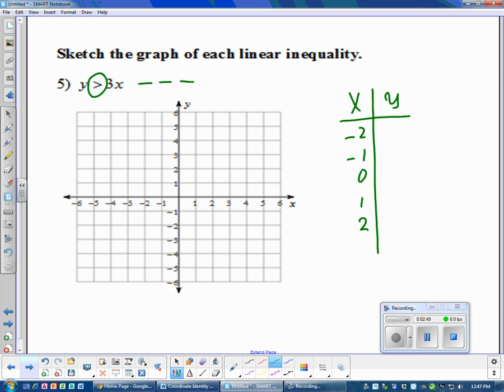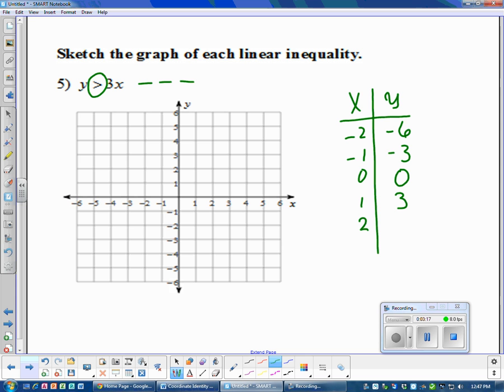So if I put in negative 2, is negative 6 less than Y? Yes. So I get negative 6. Then if I put negative 1 in there, then I get negative 3. If I put 0, I get 0. If I put 1 in there, I get 3.